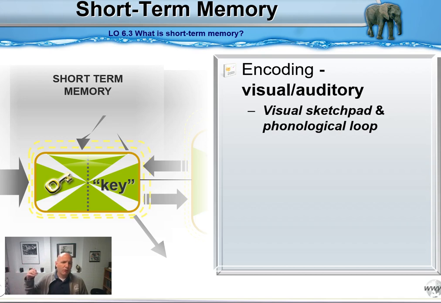Same thing for your auditory short-term memory. It's kind of like if someone were to give you a phone number and you were repeating this in your mind over and over, that's a phonological loop. We use the sketch pad and the loop in order to hold on to them, in order to temporarily process that information.